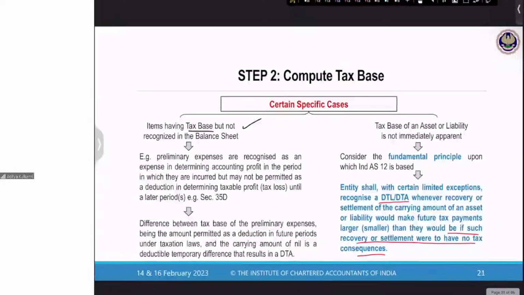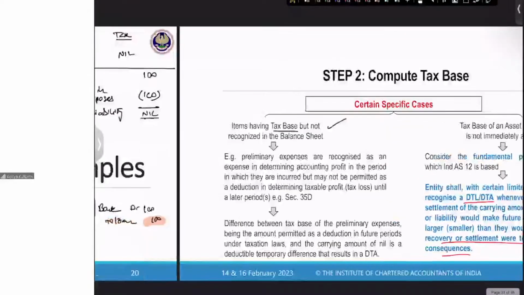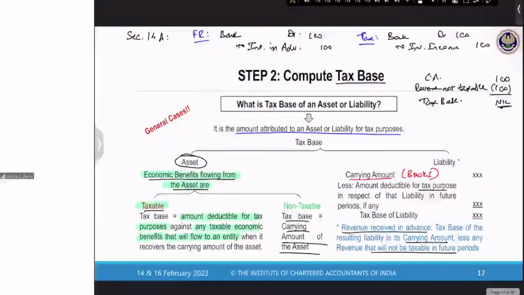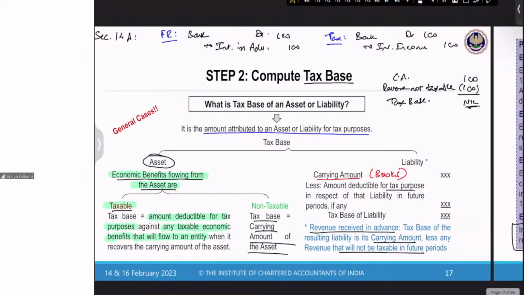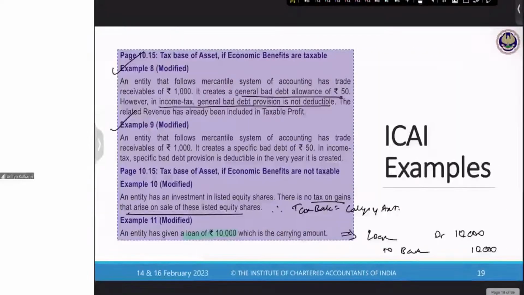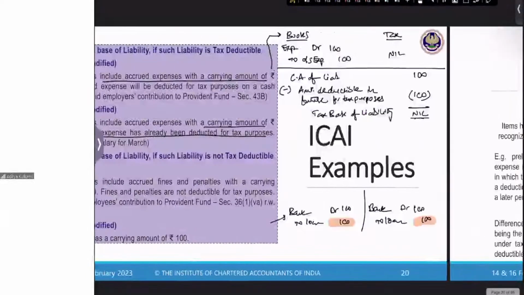If it is non-taxable, the tax base equals the carrying amount of the asset. So what is the tax base of a liability? It is the carrying amount minus the amount deductible for tax purposes in future. Okay. So these were the things that we saw.